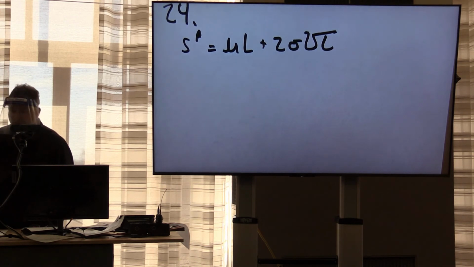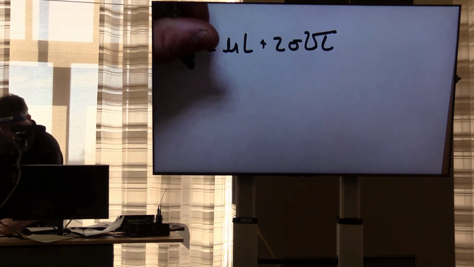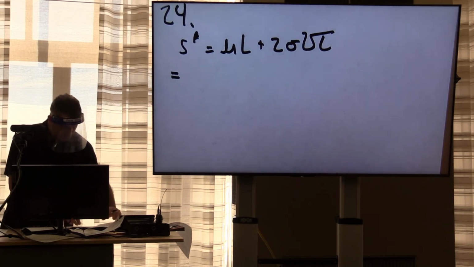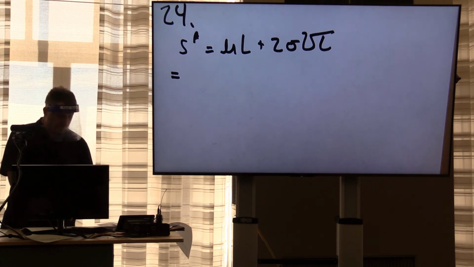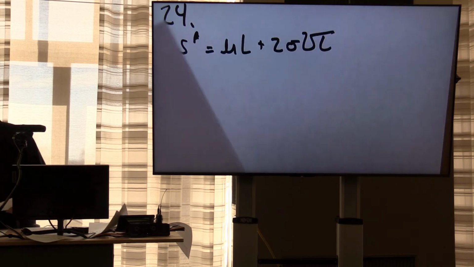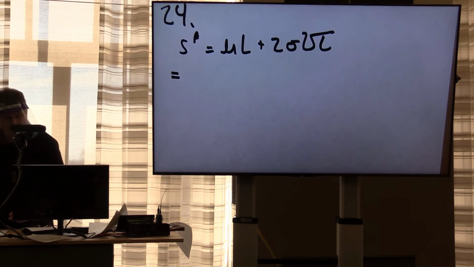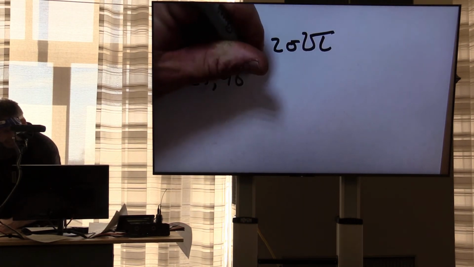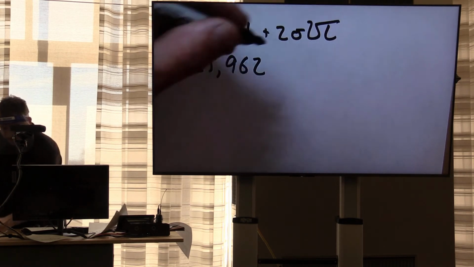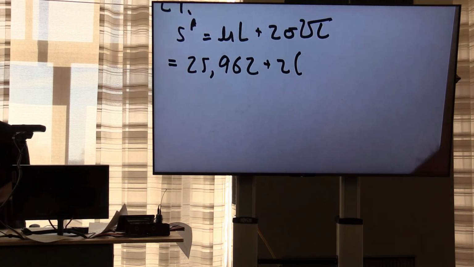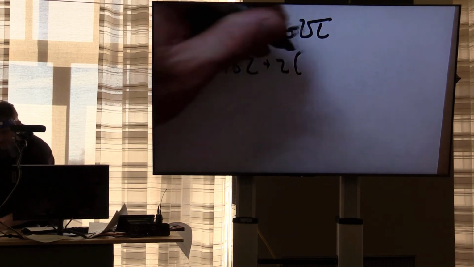That's our rule. And you've even got a handout that says that everything's always going to be open book. And we know that we already calculated that mu times L was 25,962, I'll just use no decimal places, plus 2 times sigma times square root of L, which was, let's just say, 617.